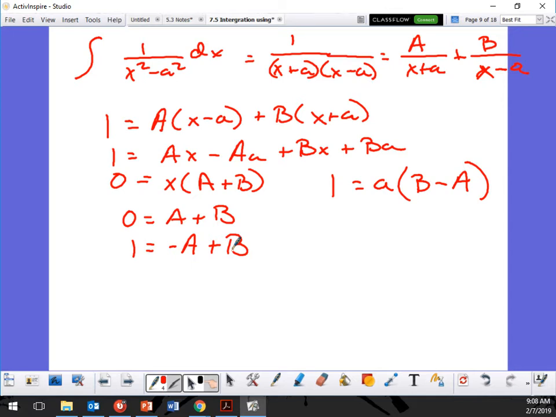So I could just add these up as is. 1 would equal 2B, so B is 1/2. And if B is equal to 1/2, A is equal to negative 1/2.